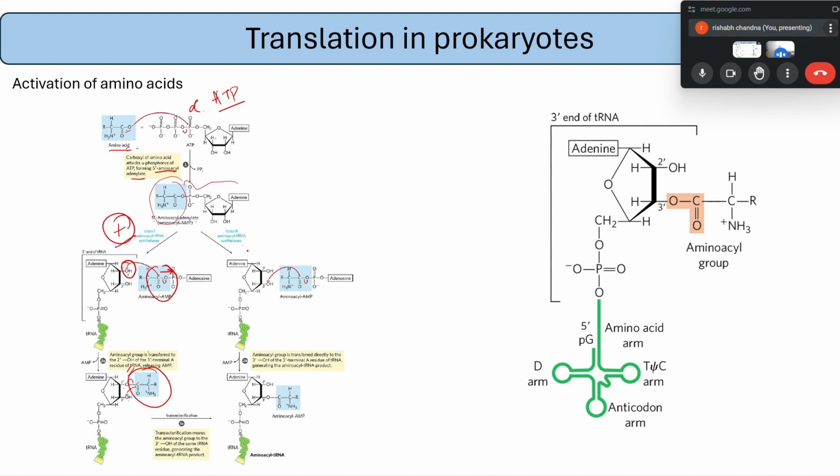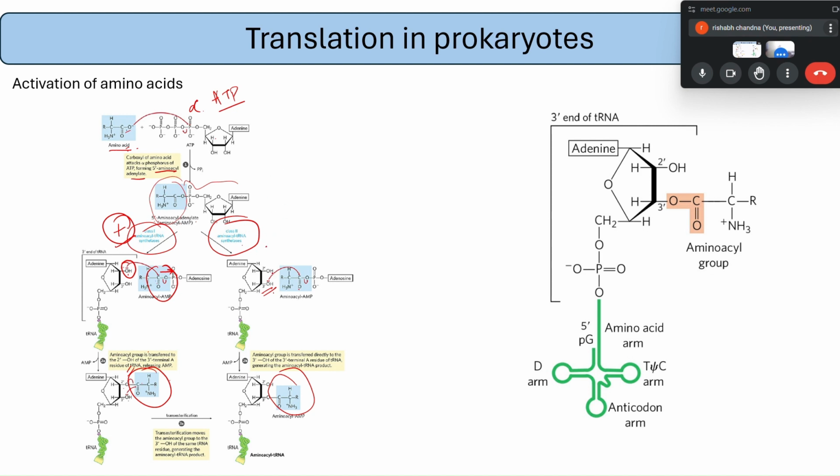Now, in the second case, what happens? First, the carboxyl group attacks the 3 prime OH. Okay, the 3 prime OH is now added to the amino acid, and the AMP is released. So this is the basic difference between the activity of class 1 and class 2 amino acyl tRNA synthetases.